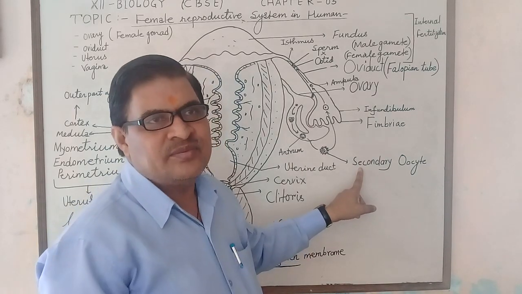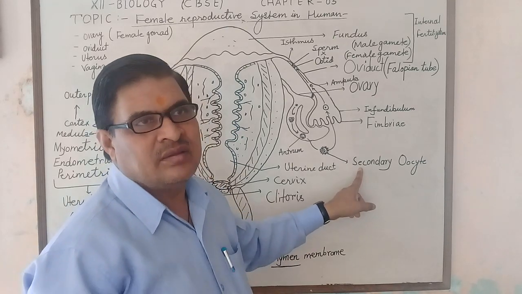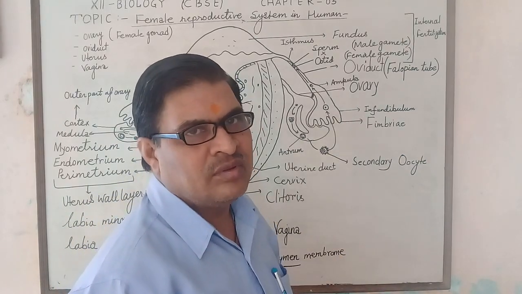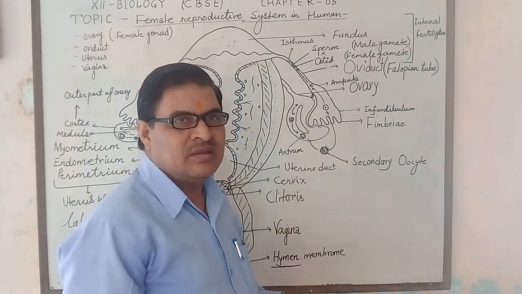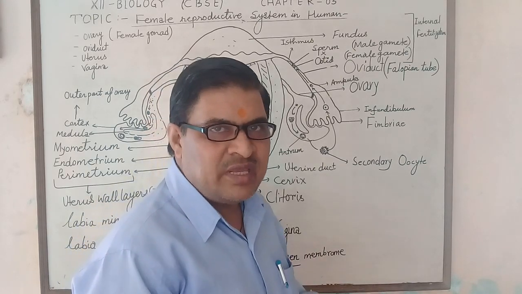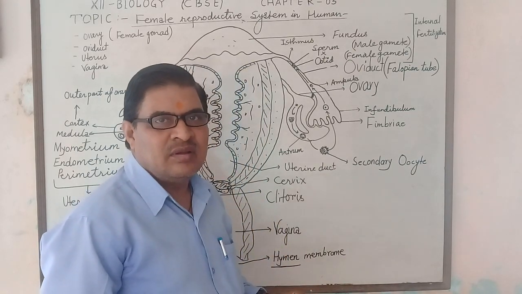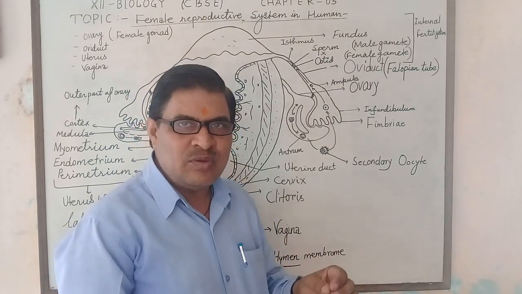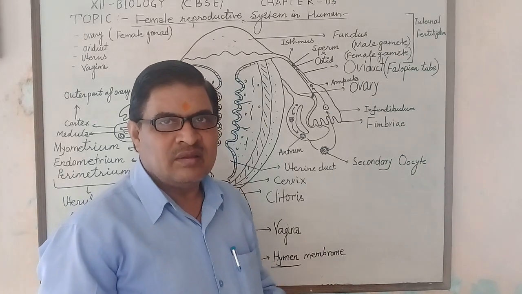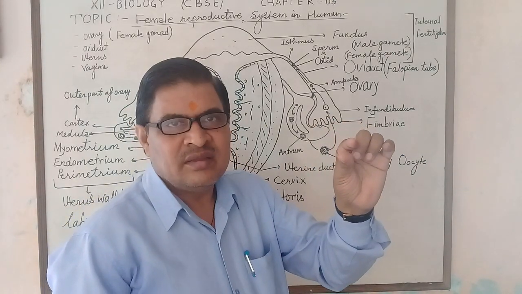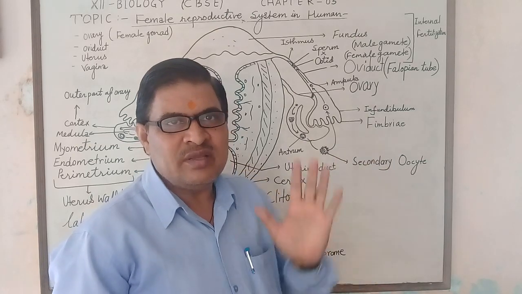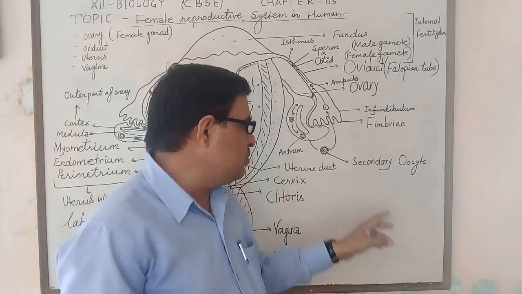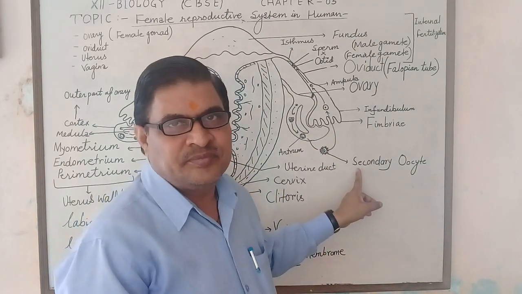This secondary oocyte generally forms as a result of one division in the primary oocyte cell. Unequal division occurs in the primary oocyte cell, and then one small cell called the first polar body and one large cell called the secondary oocyte are formed.